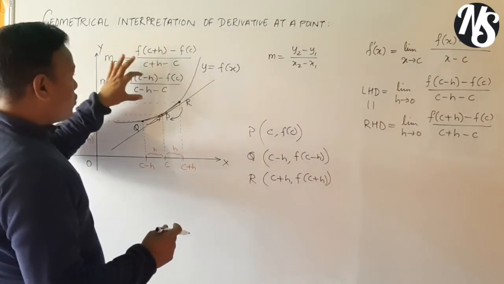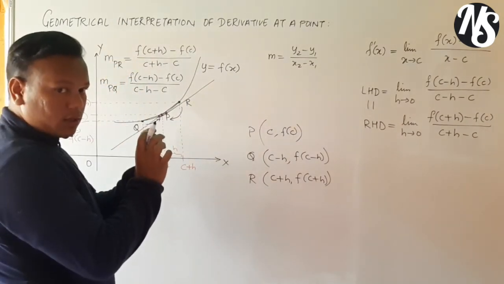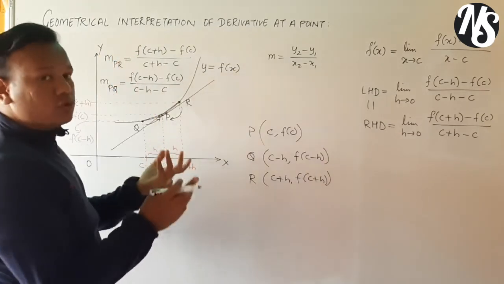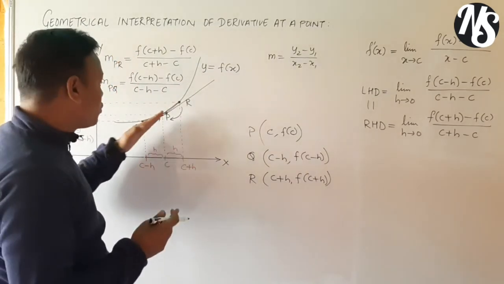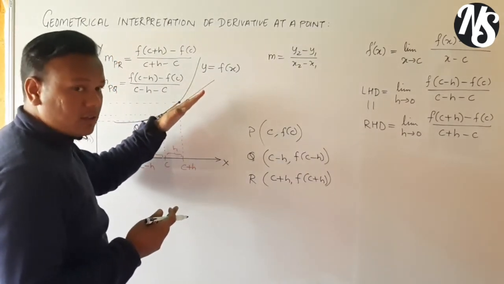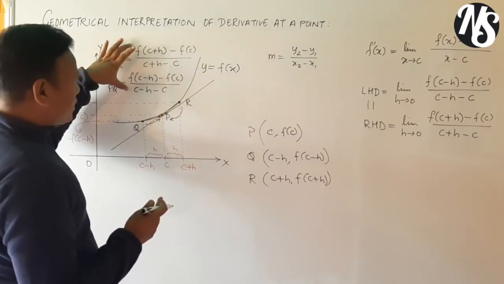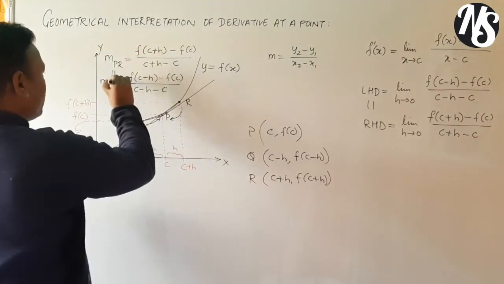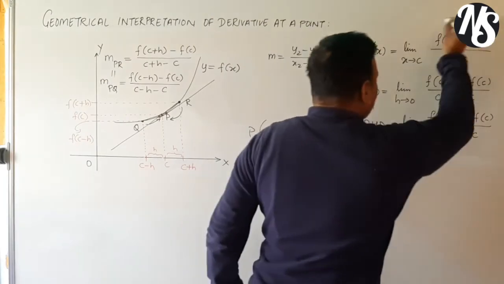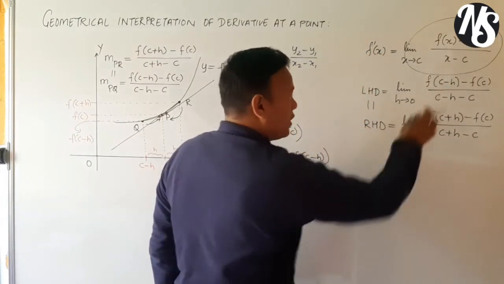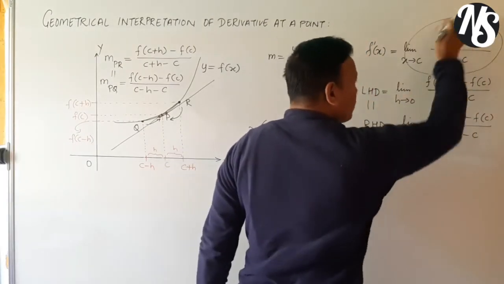Now, if these two slopes become equal, this slope will be the slope of which line? This slope will be the slope of this tangent, isn't it? That means if they become equal, that becomes this value, isn't it?